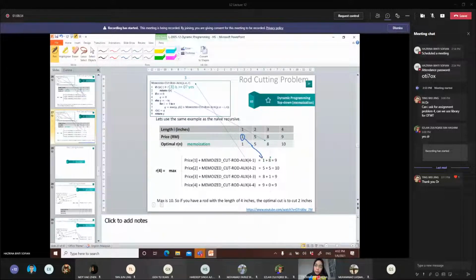And then memoized cut rod 4 minus 1. We already have the answer, so we do the checking. 4 minus 1 is 3. So right now R3, we look at the table. Great, R3 is inside here. So we do not need to recalculate. We just update it into here. So we will get 9 ringgit.